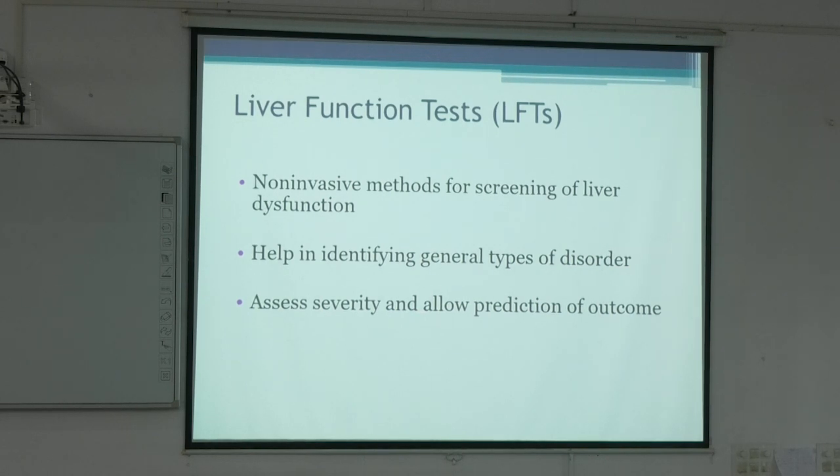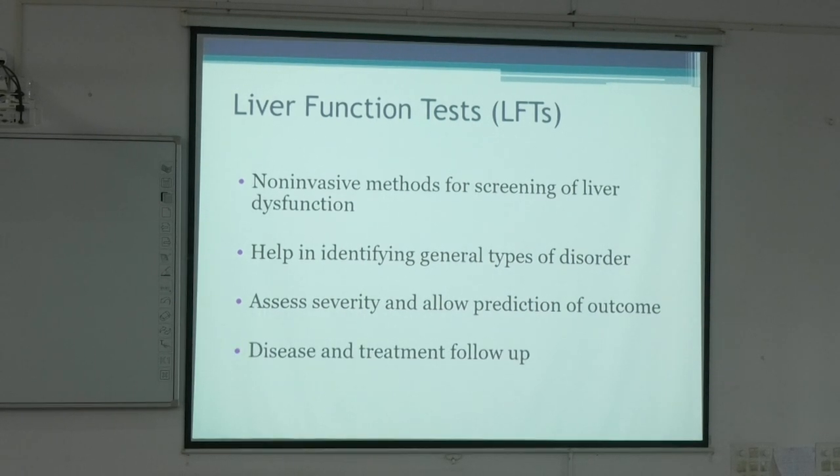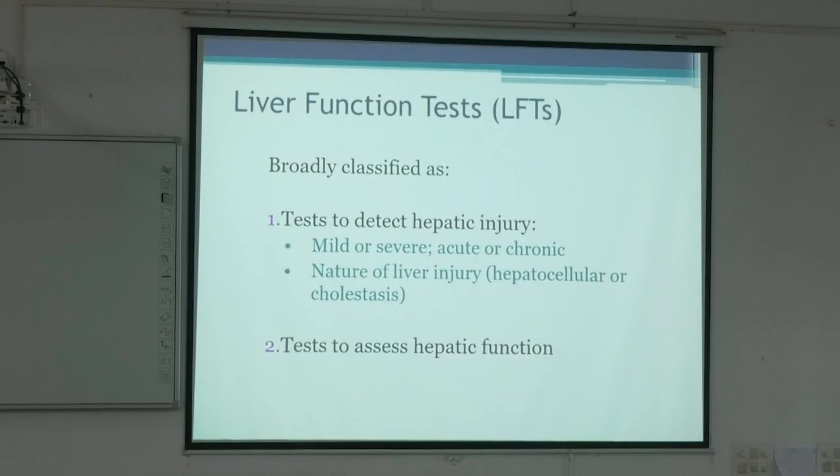This is the major role. Then there is disease treatment and follow-up. In order to detect hepatic injury, it may be mild to severe, acute or chronic. The nature can be either hepatocellular injury or cholestasis. And in order to assess hepatic function, especially synthetic function.